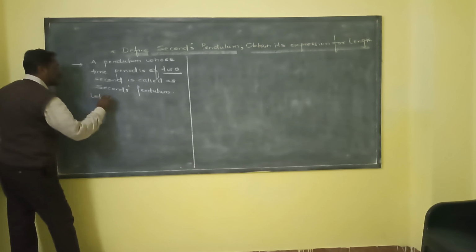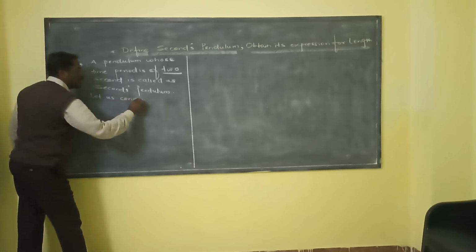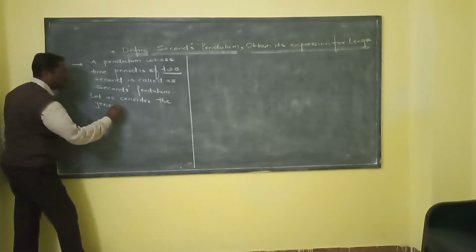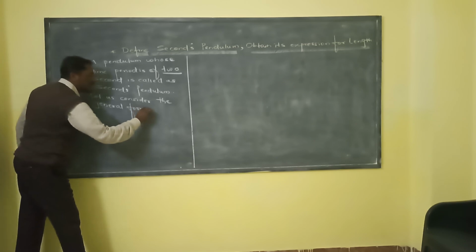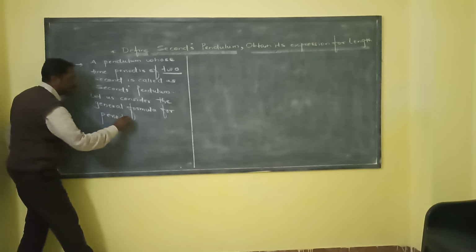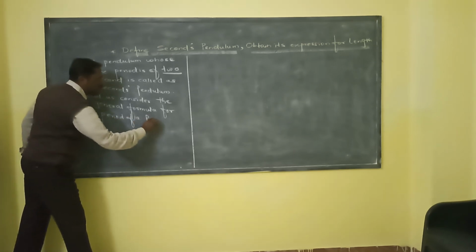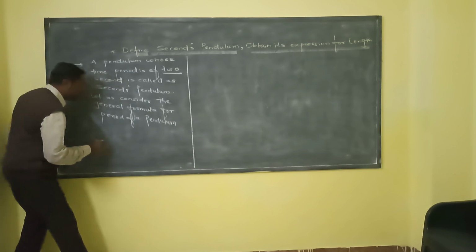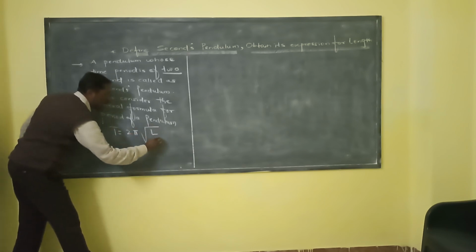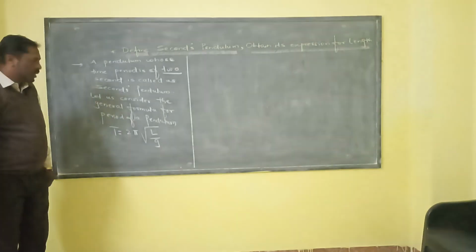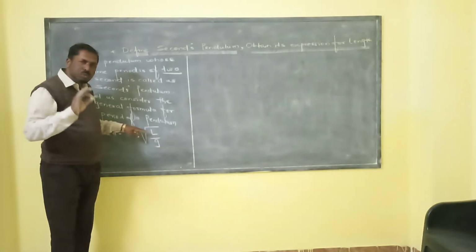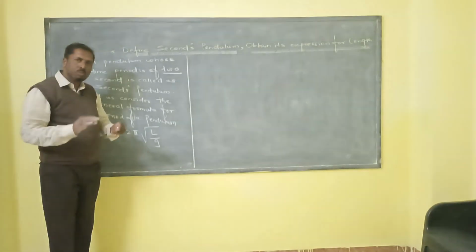Now let us consider the general formula for period of a pendulum. All of you are well familiar that period of a pendulum is represented by the formula T is equal to 2 pi under root L upon G. T stands for period of a pendulum, L is the length of the string, G is the acceleration due to gravity.